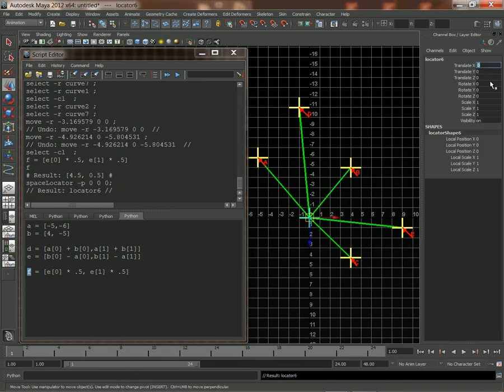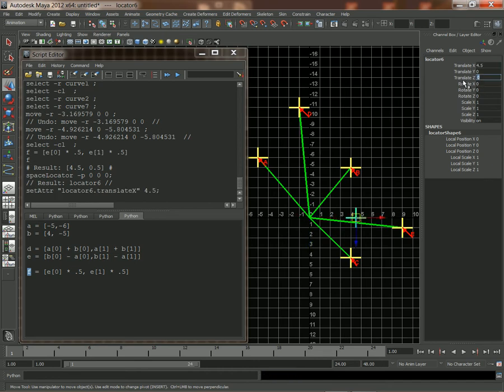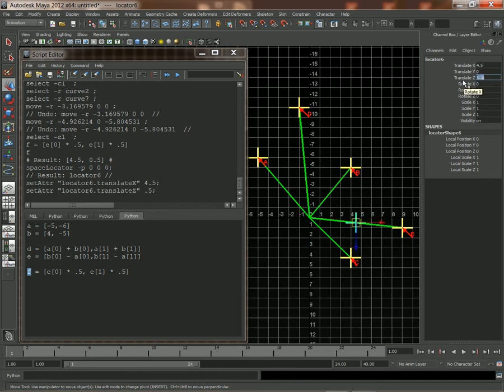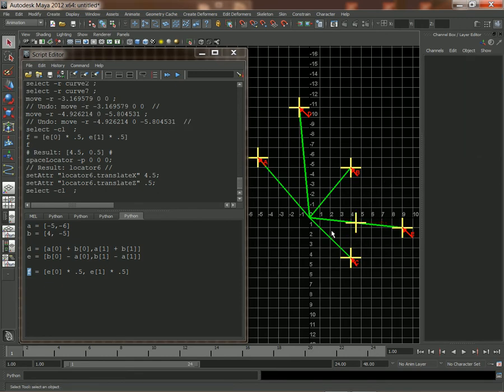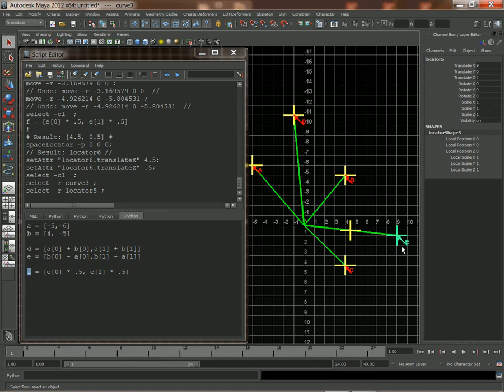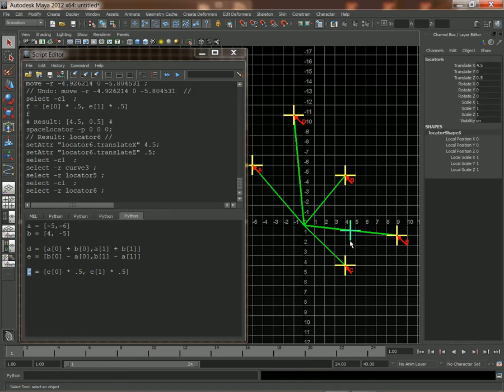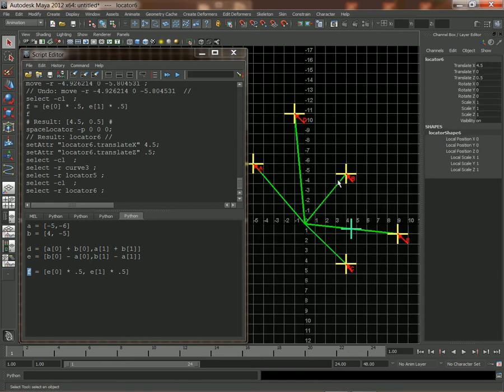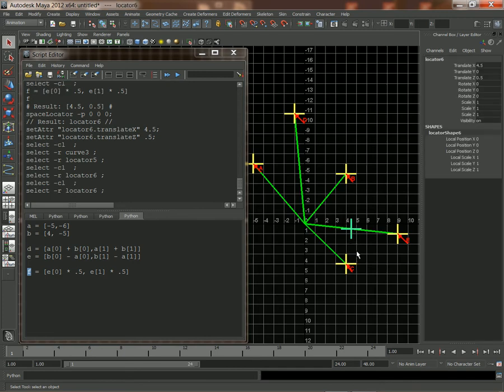And this point's going to be at 4.5 on X and 0.5 on Z. And you can see right here between the world 0 and E, we have this midpoint between this vector. So that's not the point between A and B yet. But what we can do, I'll quickly name this as well, so say this is F.